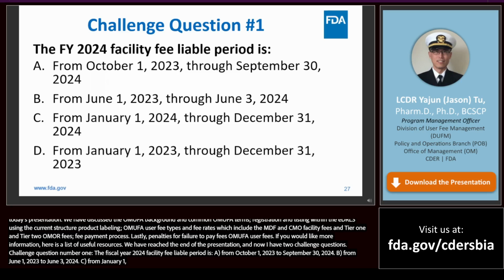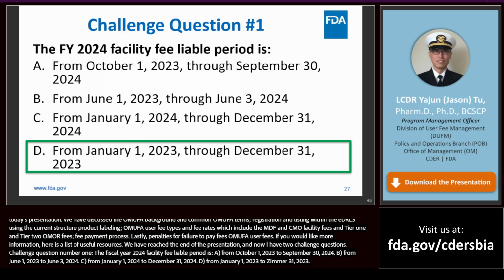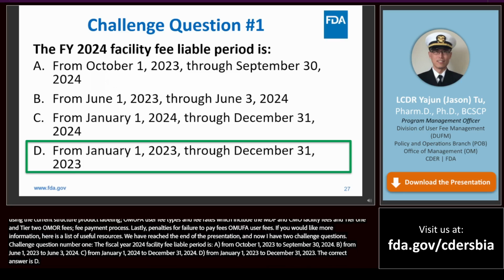D. From January 1st, 2023 through December 31st, 2023. The correct answer is D. The fiscal year 2024 facility liable period is from January 1st, 2023 through December 31st, 2023.